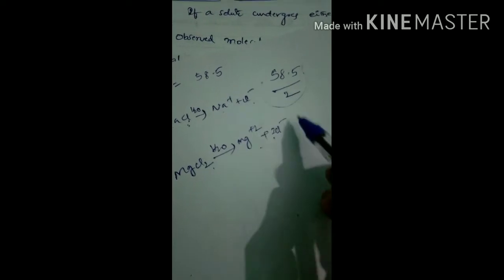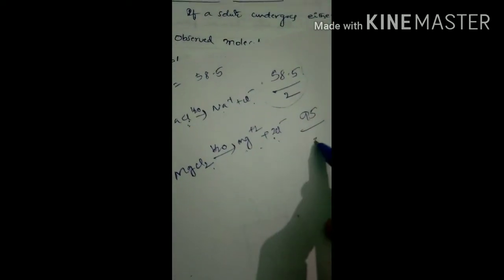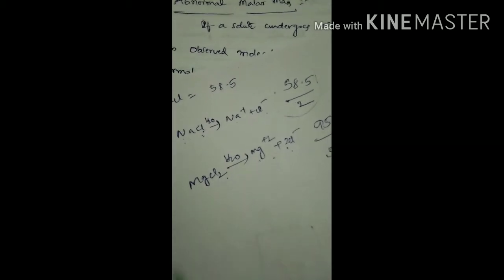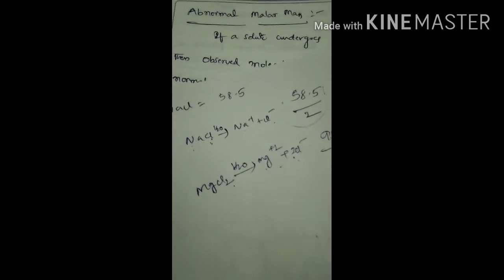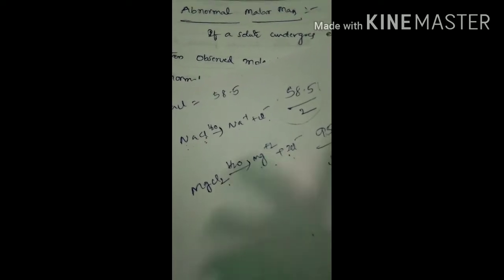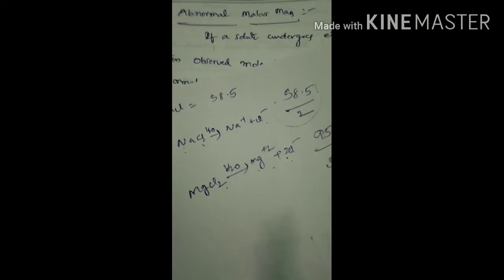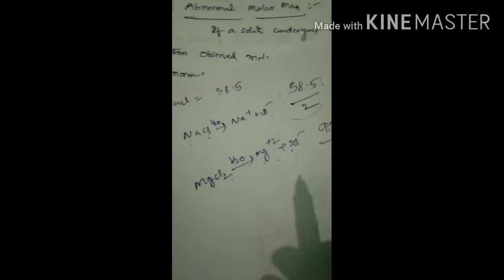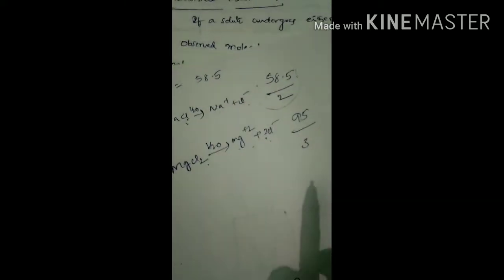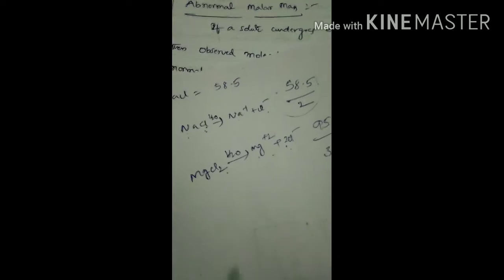The MgCl2 molecular weight is 95, divided by 3 particles. So when these substances are present in water, we get particles, and we divide the molecular weight by the number of particles. That is called abnormal molar mass. That means we get a different molecular weight than the expected molecular weight.